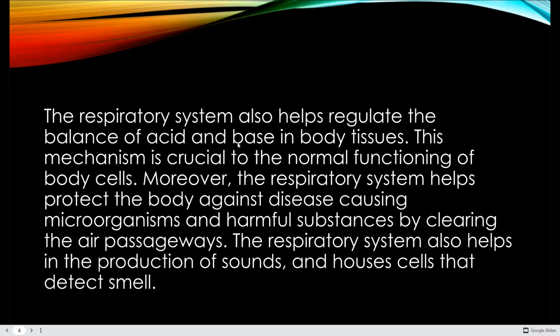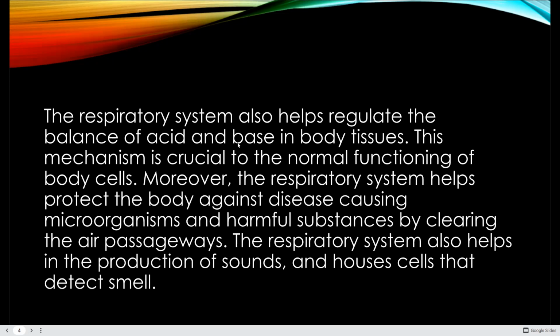The respiratory system also helps regulate the balance of acid and base in the body, or in the tissues. This mechanism is crucial to the normal functioning of blood cells. Why? Remember, blood is also acid. One good example is your stomach. Your stomach is highly acidic.